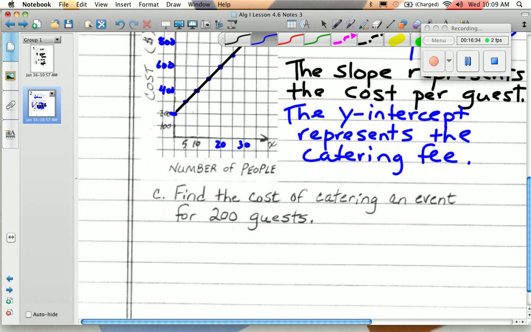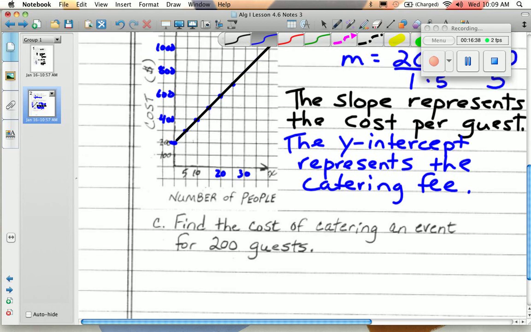Okay. Now it tells us to find the cost of catering an event for 200 guests. Now, there's a couple of ways we could do this, actually. If our graph allowed it, we could go to x equals 200 and follow it up to the line and make an estimate of what we think the cost would be. Can we do that? Why not?